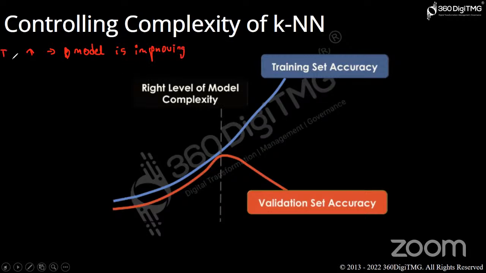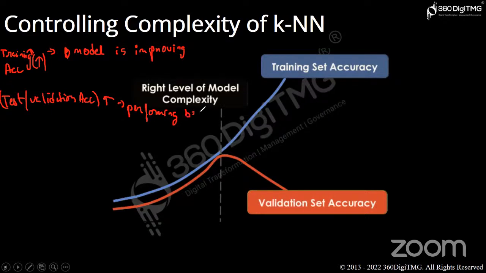This is in regards to training accuracy. It is increasing. And let's assume our test or our validation accuracy is also increasing. That means our model is performing better.